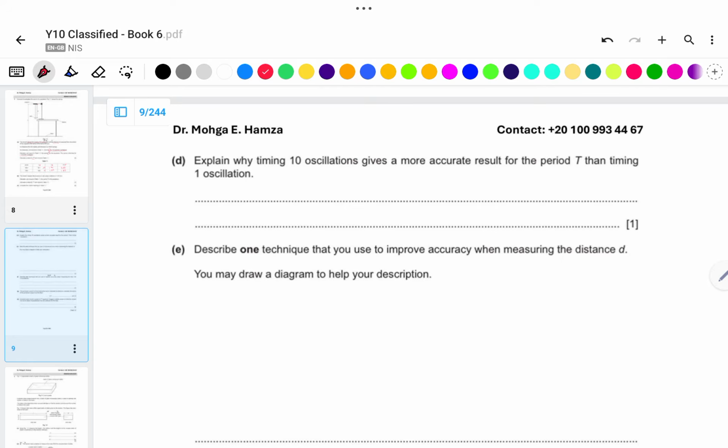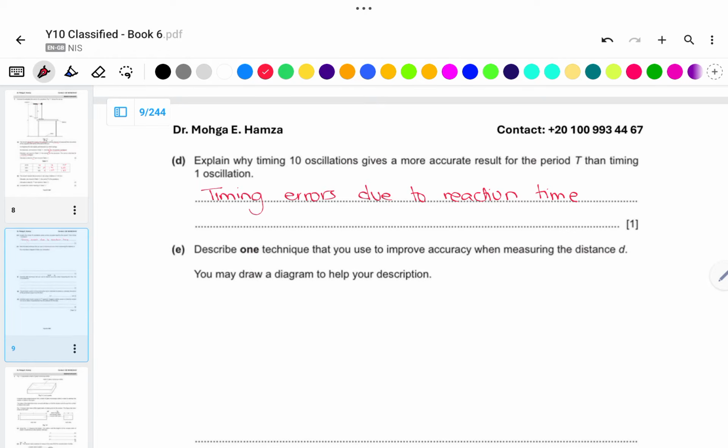So we can get timing errors due to reaction time for period T when timing one.